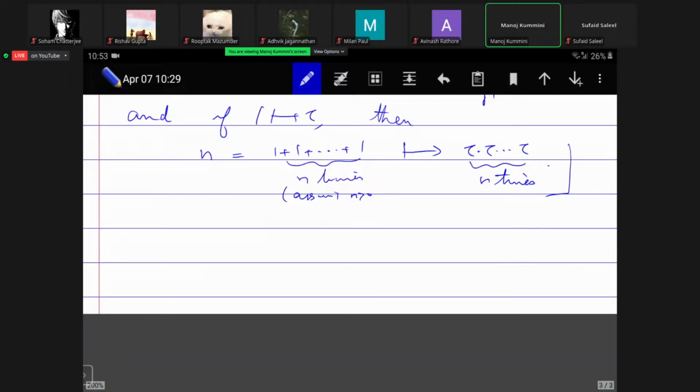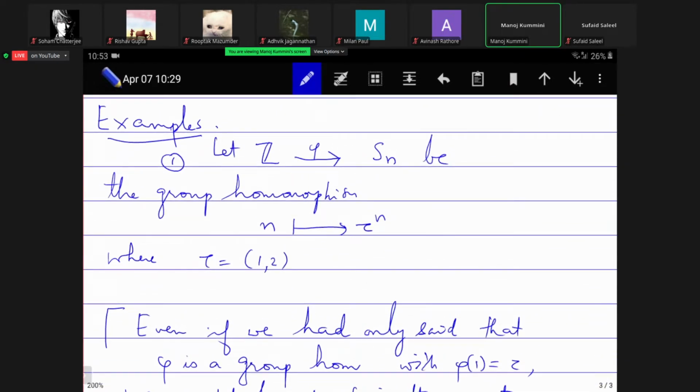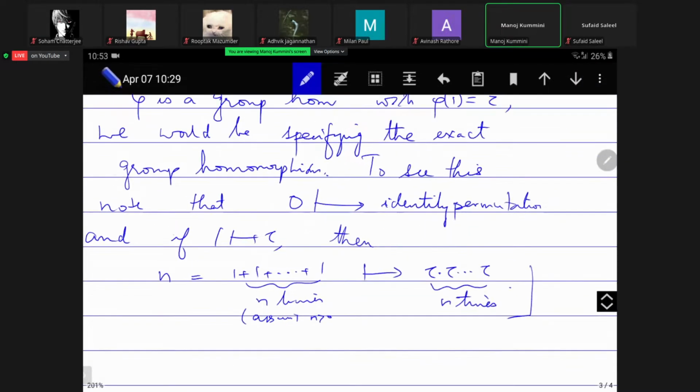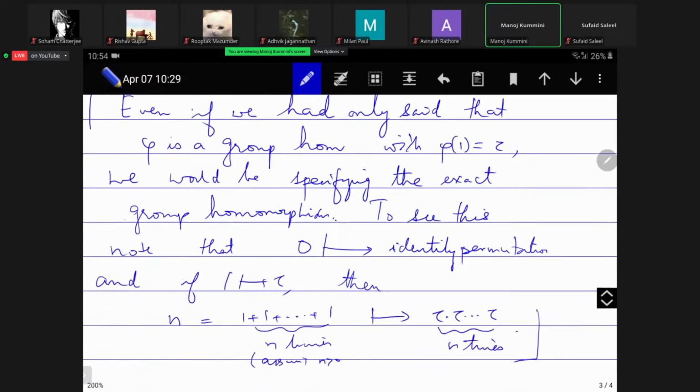Okay. So consider this. So what is its kernel? Well, tau squared. This is a transposition. Tau squared would be 1.